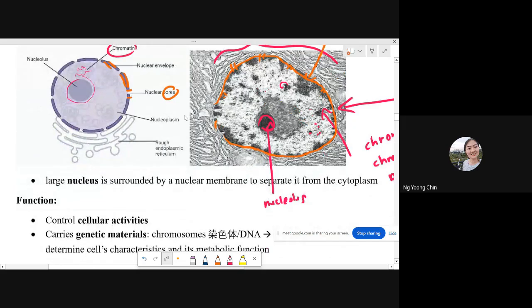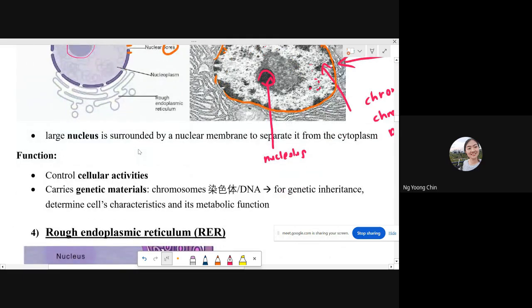So let's study the function of the nucleus. For the function of the nucleus, you just memorize two functions only. Inside the nucleus, they store genetic material, such as the DNA, for genetic inheritance. Inheritance is something like, in Chinese, 遗传.